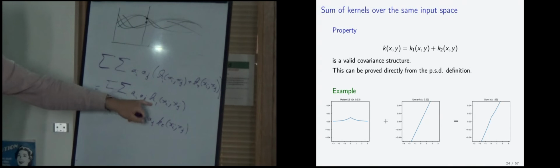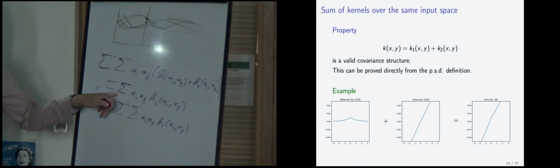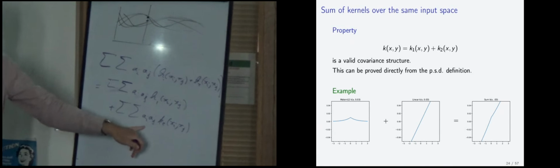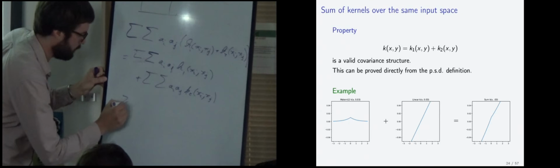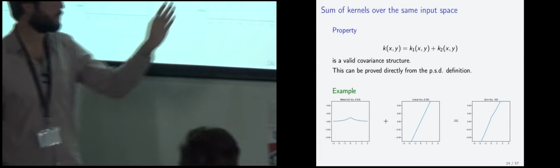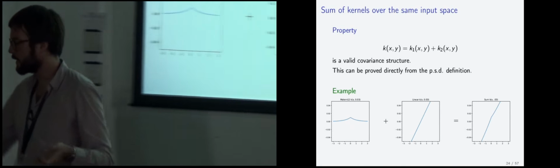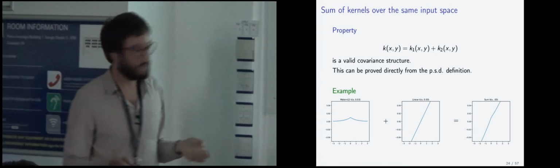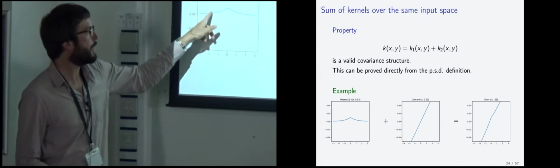And if K1 is positive definite, this term is going to be greater than or equal to 0, and same for this guy. So just directly from the definition, we can prove that a sum of two covariances is still going to be a covariance.